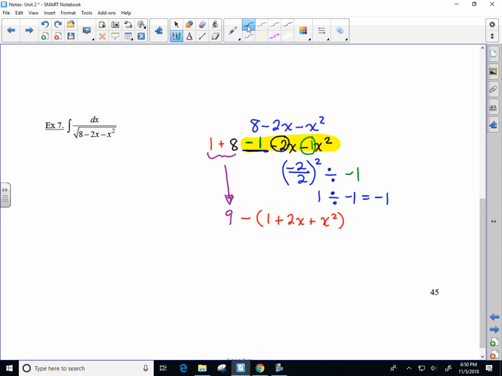All right. Now I'm looking at a trinomial that is factorable, and it will be a perfect square. This is a perfect square trinomial. So when I factor this, I would get 1 plus x as a quantity squared.